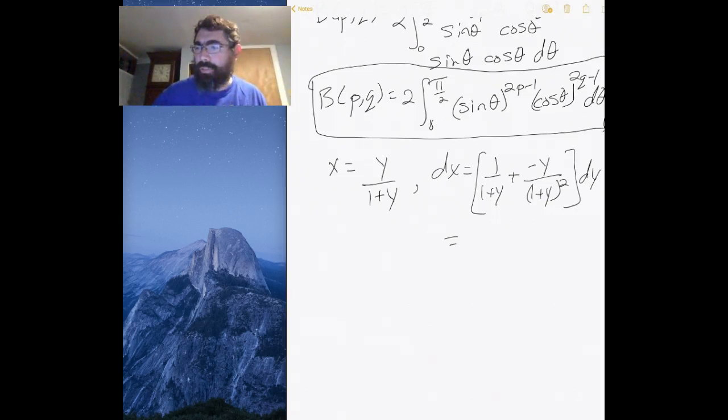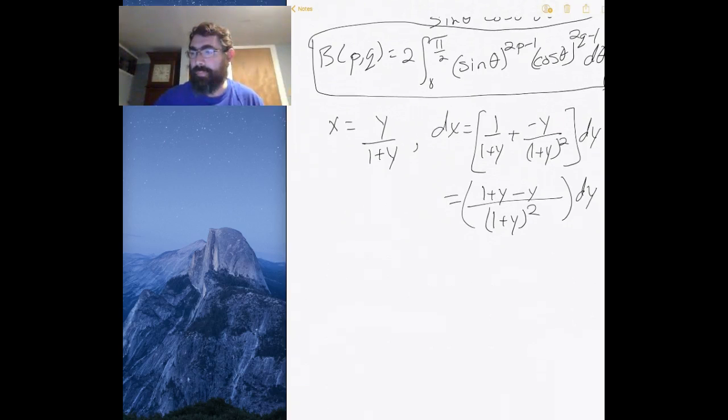And if I put it under the same denominator of 1 over (1 plus y) quantity squared, then I would have 1 plus y minus y dy, or 1 over 1 plus y quantity squared dy.